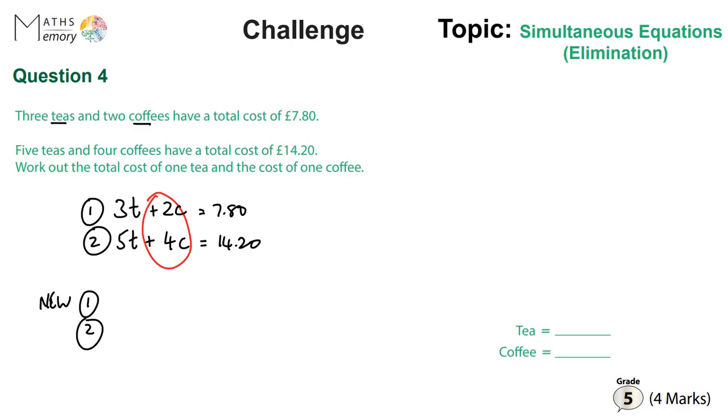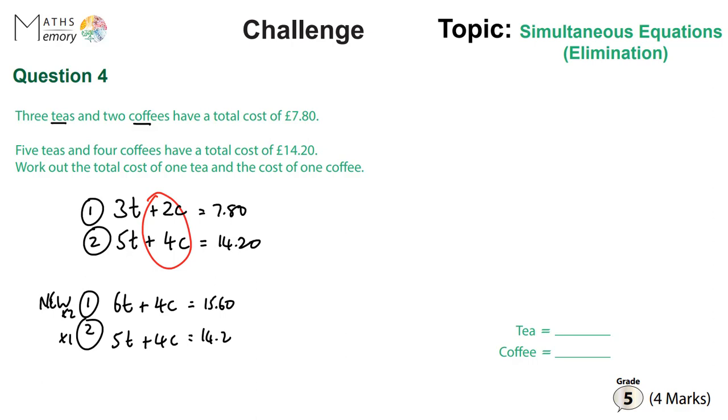In hindsight, we want to make that a 4C as well. So we multiply everything here by 2 and leave this one the same: 6T plus 4C equals, we double this, £15.60. Times by 1, same thing, 5T plus 4C equals £14.20.